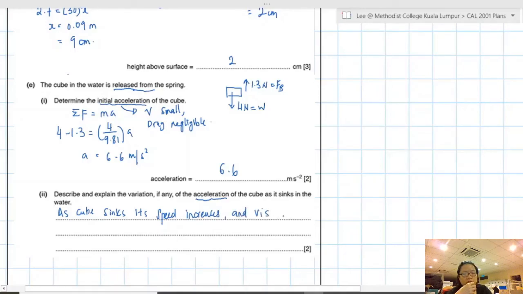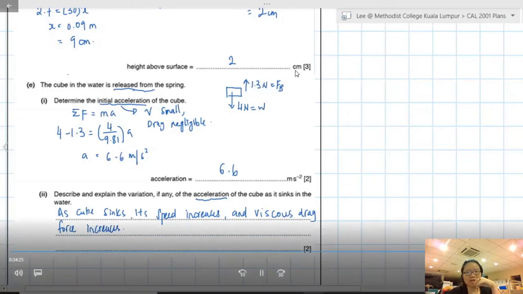Well, the viscous drag will increase. Or you can just say the drag force or water resistance on the cube increases. The viscous drag is in the same direction as the buoyant force. Okay, it goes against motion.